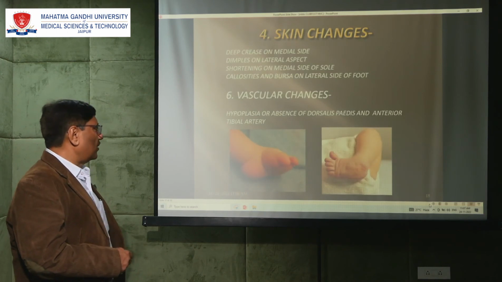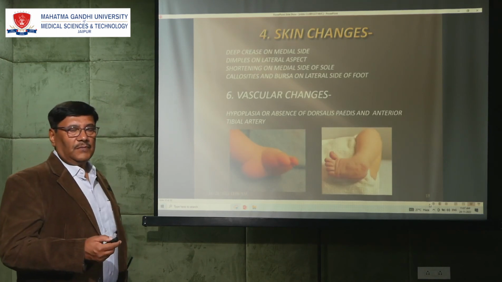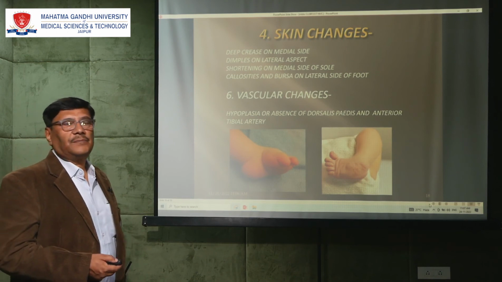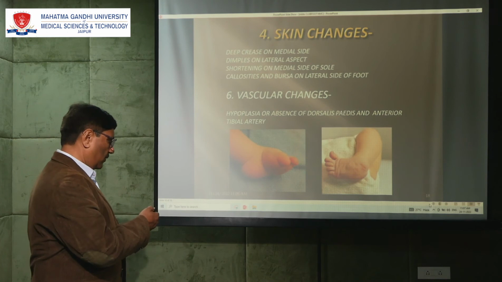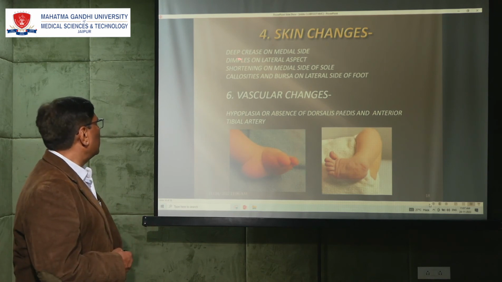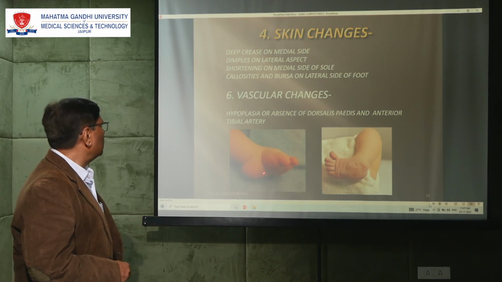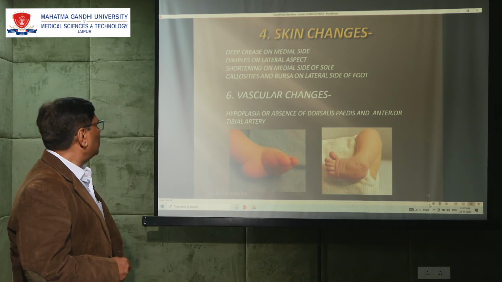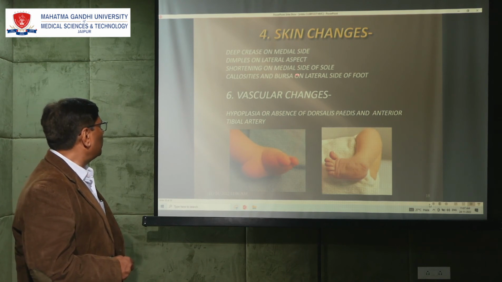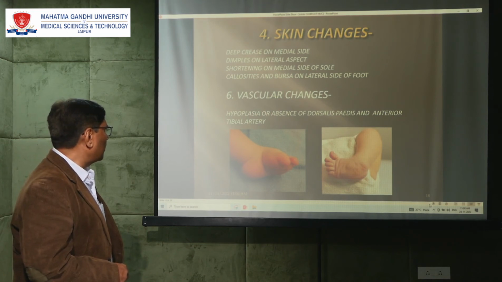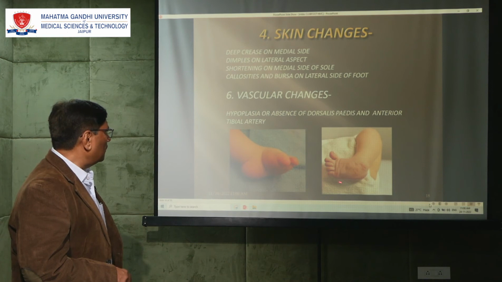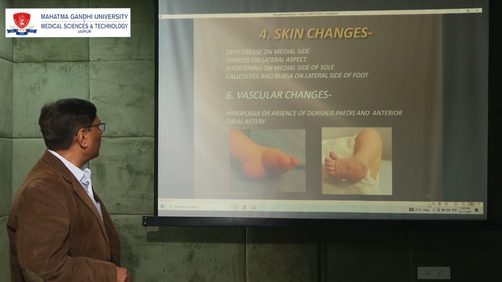Skin changes. Now, because of the adaptive changes that take place in the skin because of the constant deformity of the foot, what happens to the skin? There are deep creases on the medial side, and there is shortening of the medial side of the sole. You see the creases. You see the medial border of the foot is shorter. The lateral border of the foot becomes longer.